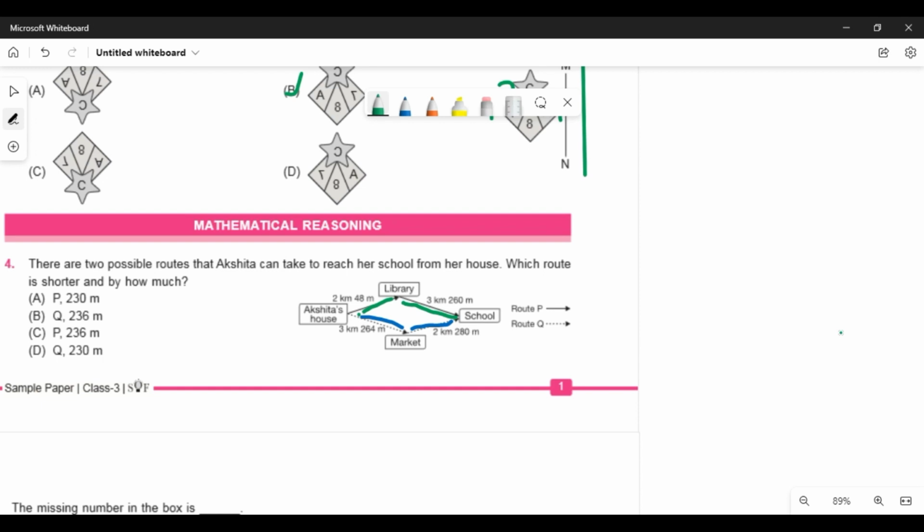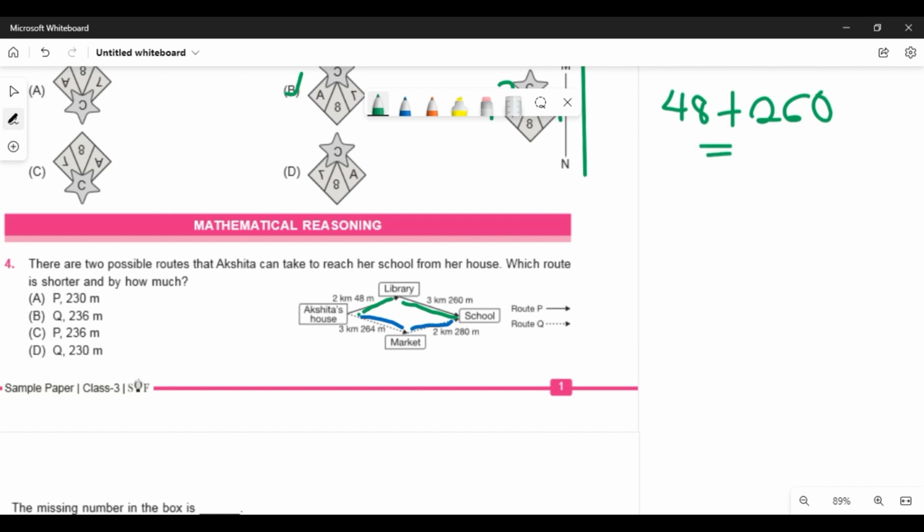Now let's consider that of route P. If Axita will be taking route P, then the distance she's going to walk is going to be 48 meters plus 260 meters.